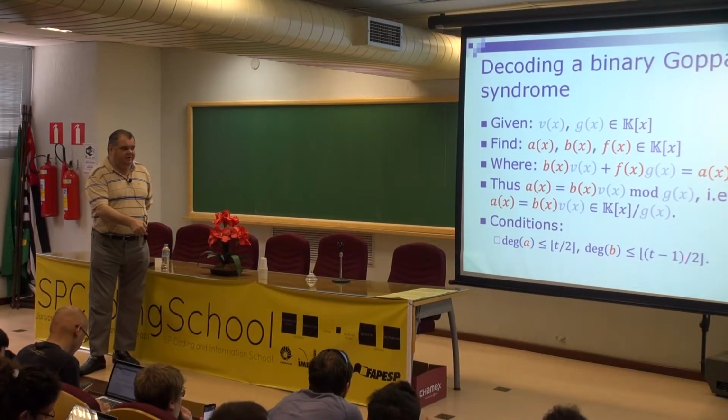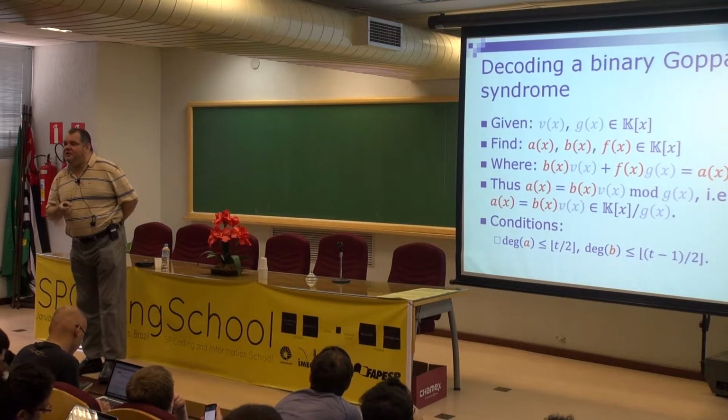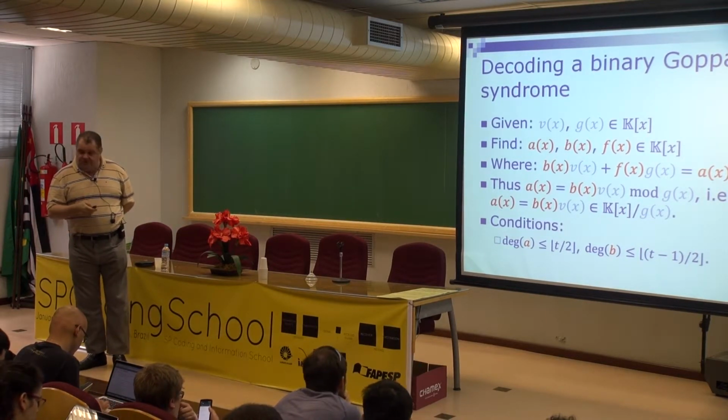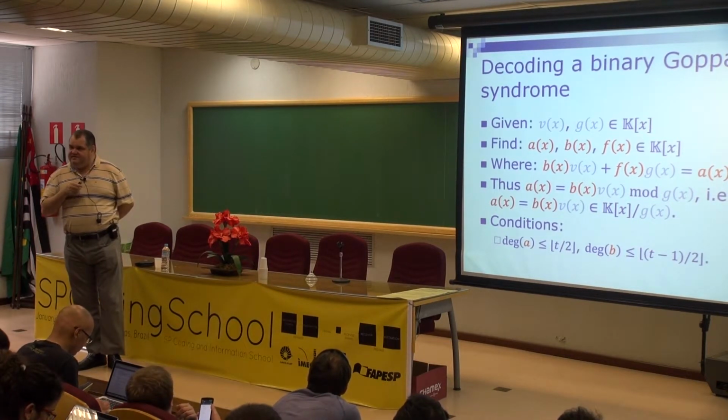The degree of B cannot exceed something potentially slightly smaller. But that's okay, we can impose that condition as well. So we can solve this using the extended Euclidean algorithm.